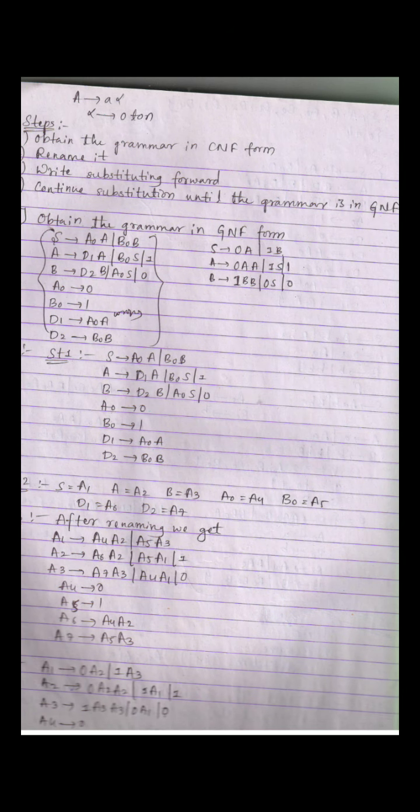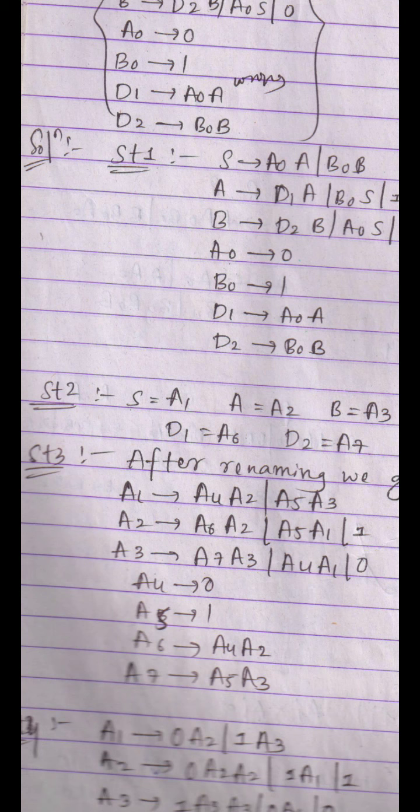See here, A1, A4 A2, A5 A3 were replaced. Out of this, only A4 implies 0 and A5 implies 1 are in GNF form. Others are not in GNF form, so you need to go for the conversion.